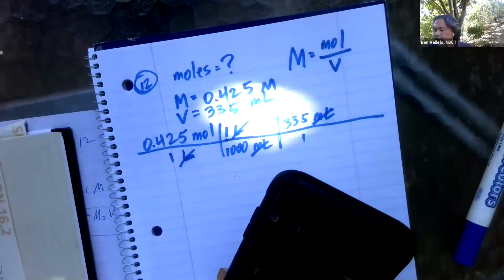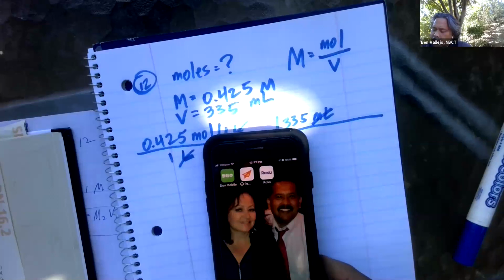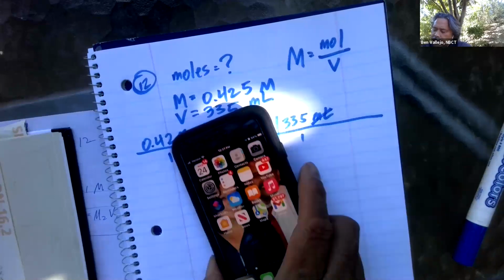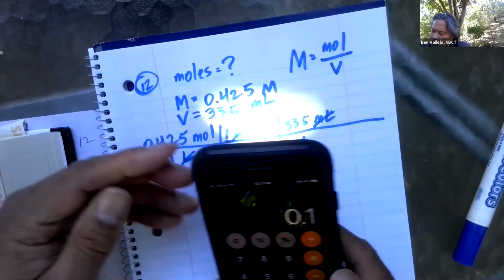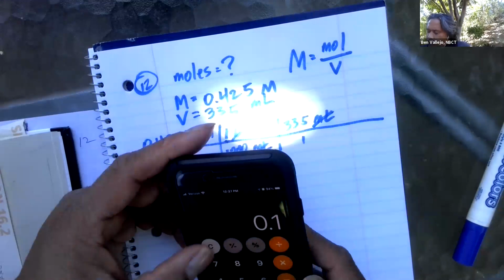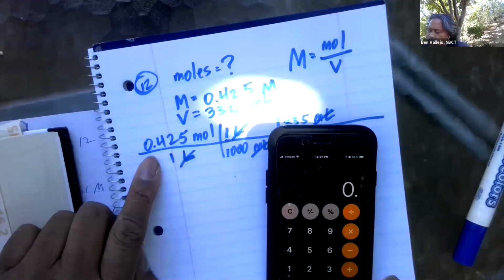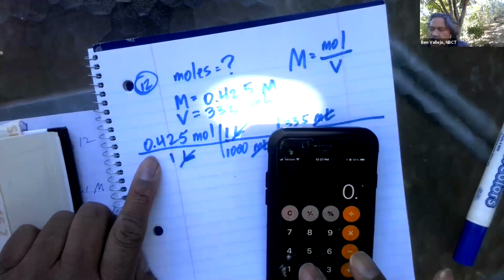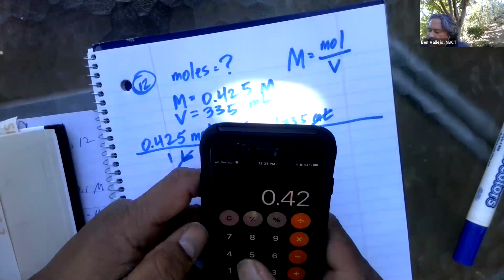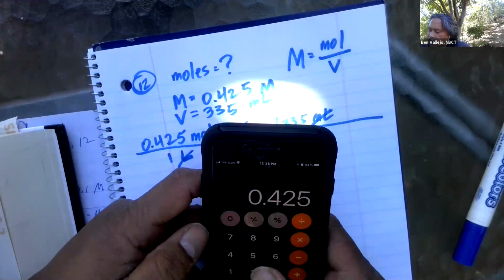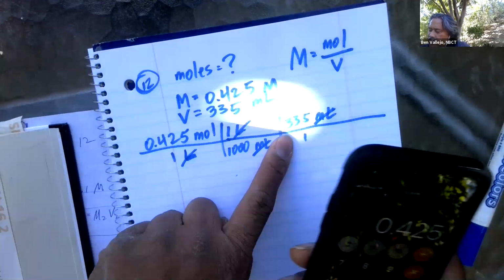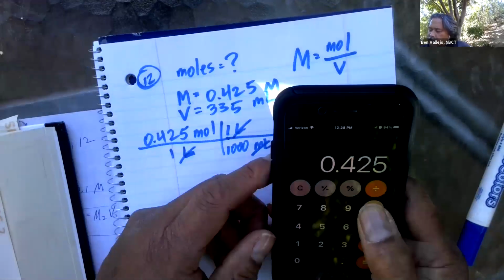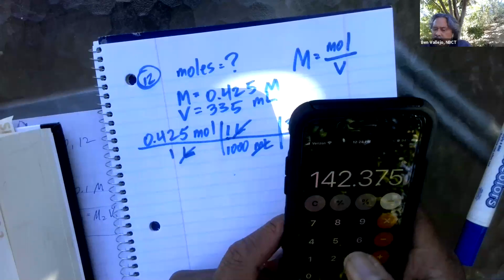Get out my handy phone and go to the calculator. Clear that last problem. 0.425, oops, not reading that right. 0.425 times 335 divided by 1,000 equals, and the answer is 0.142375.